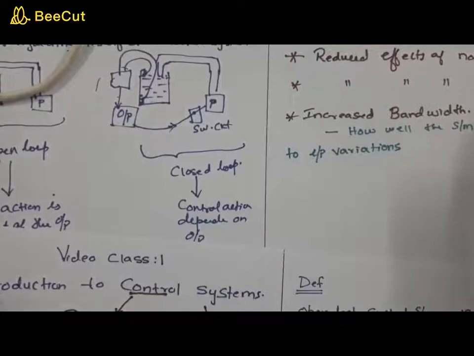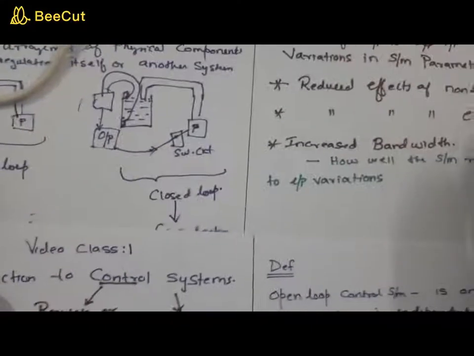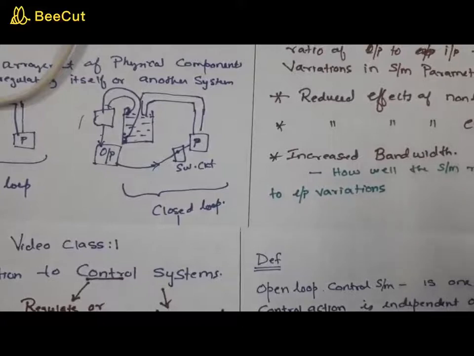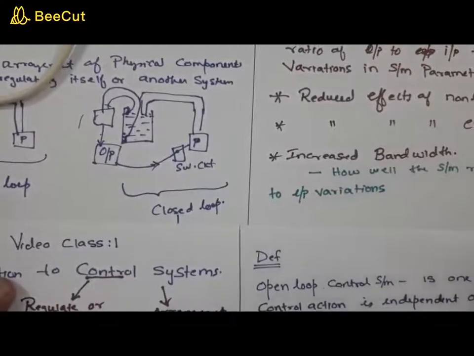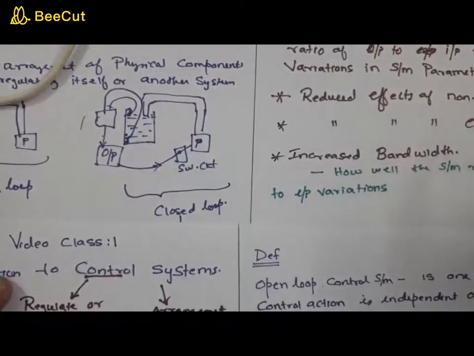So that is the primary role of a control system. Even if the input varies for some reasons, the output has to be maintained or controlled. Okay.